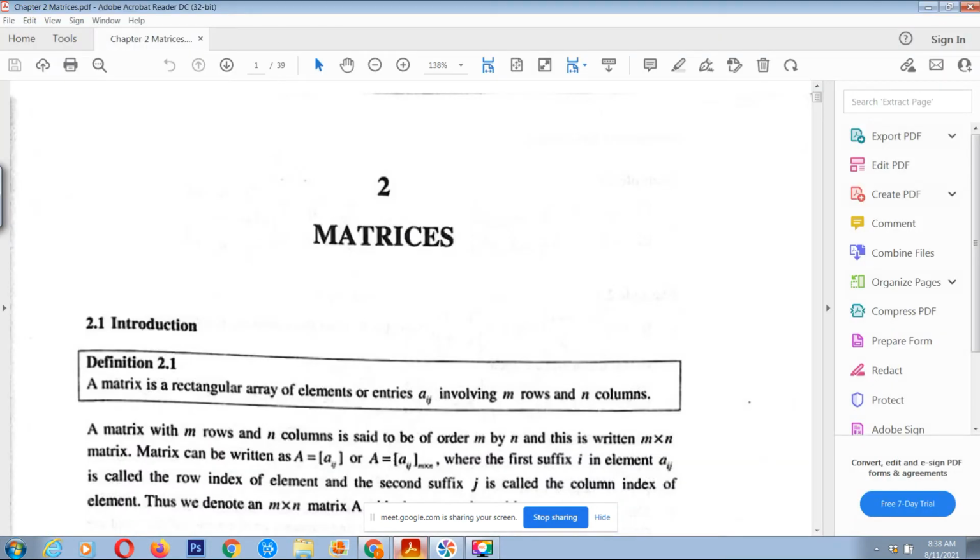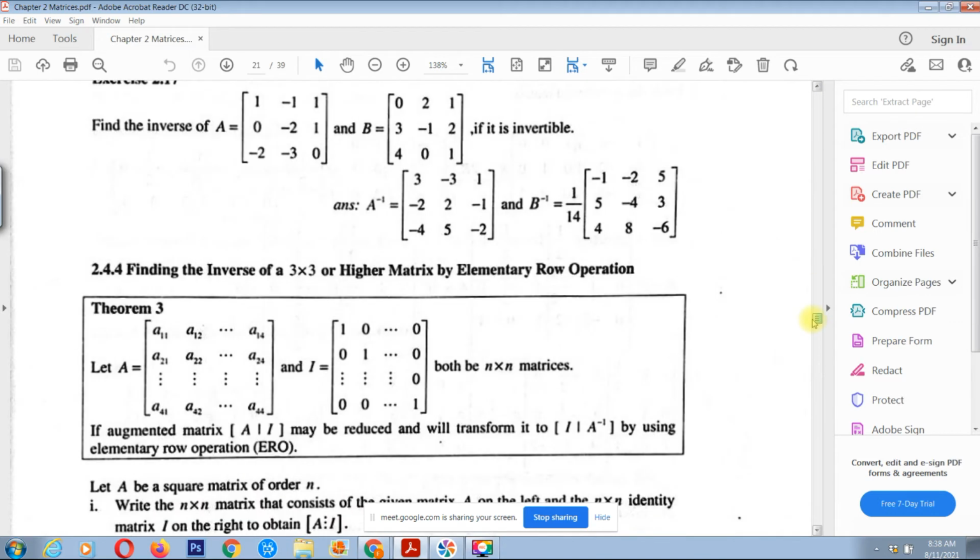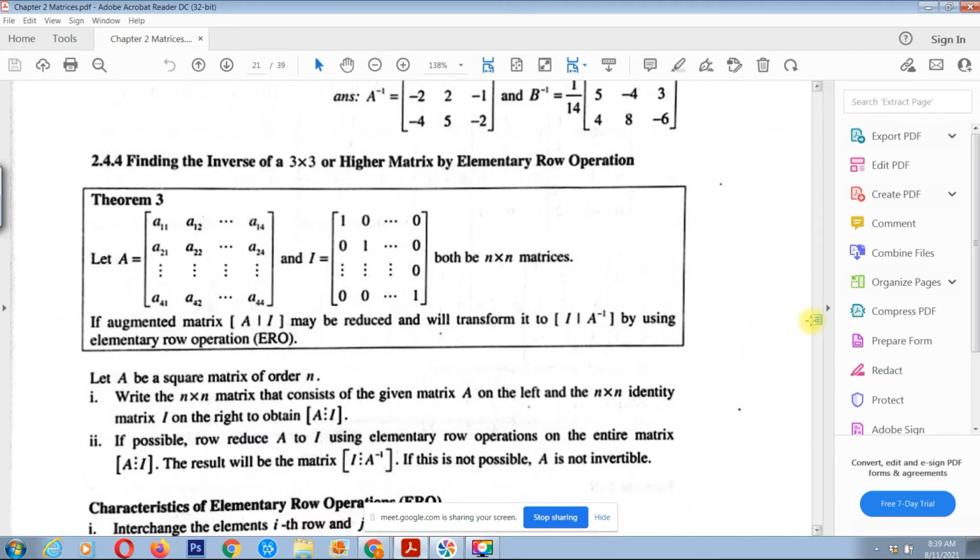So we start with finding the inverse of a 3 by 3 or higher matrix by elementary row operation. Page 43. Find the inverse of 3 by 3.